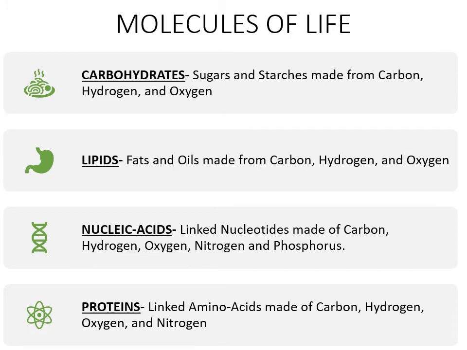If your sugar stores were full, so your glycogen stores were full in your liver, the body can say, you know what? I have extra sugar. I'm going to convert the sugar or the glucose to fat. I'm going to make fat. And I'm going to store fat in my fat cells, in my adipose tissue.